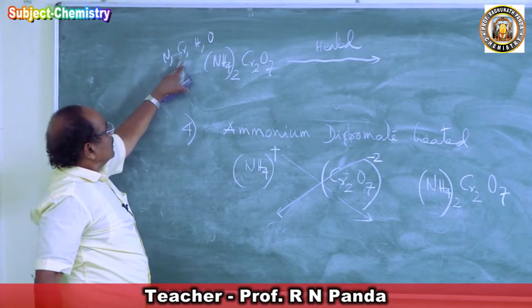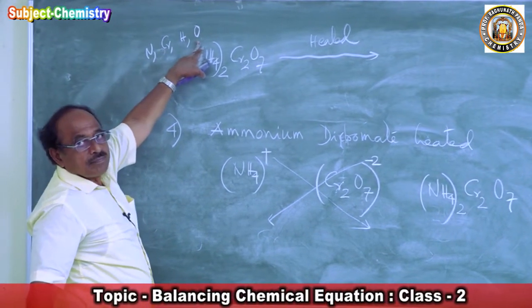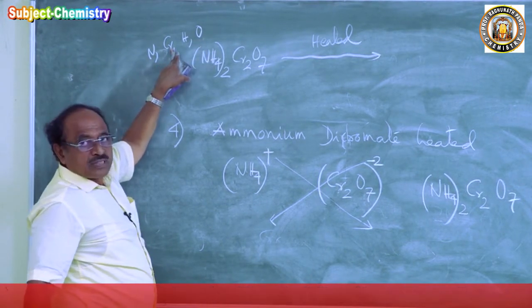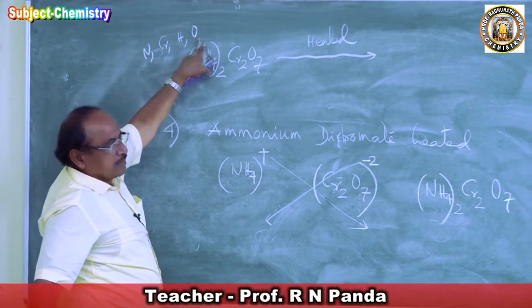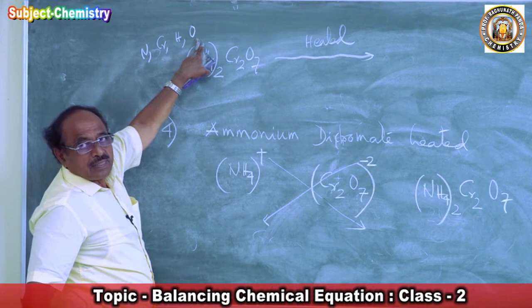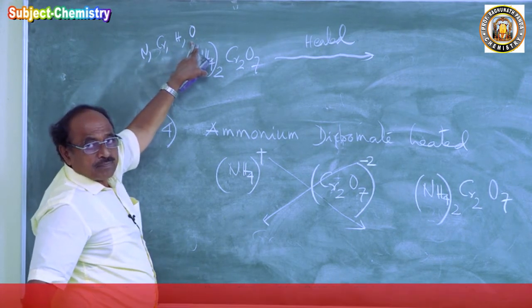So chromium is a metal, oxygen is a non-metal. Chromium is a metal, positive. Oxygen is a non-metal, negative. So what will happen? Chromium will first react with oxygen.